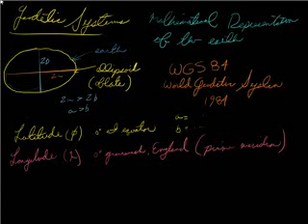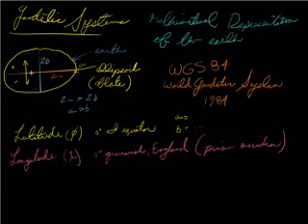Okay, so for latitude, this is 0 degrees, right at the equator. And as you go north it is positive, and as you go south it is negative. It goes up to 90 degrees.